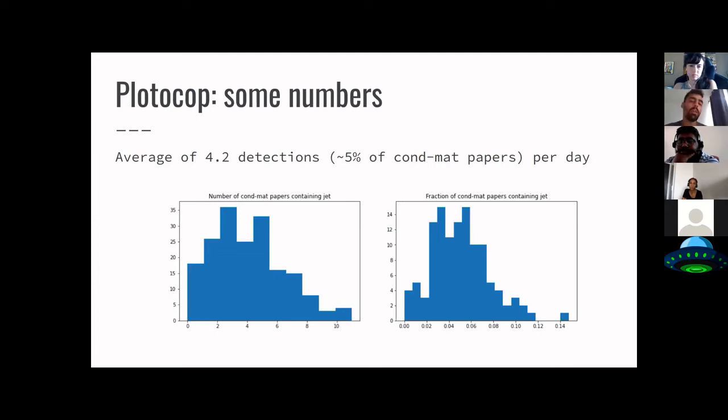Now, the more interesting statistic to collect would be what percentage of color maps are JET, because there are actually quite a lot of papers that don't have color maps at all. So in the future, we would like to calculate that statistic, but that requires some additional features which we haven't yet implemented.